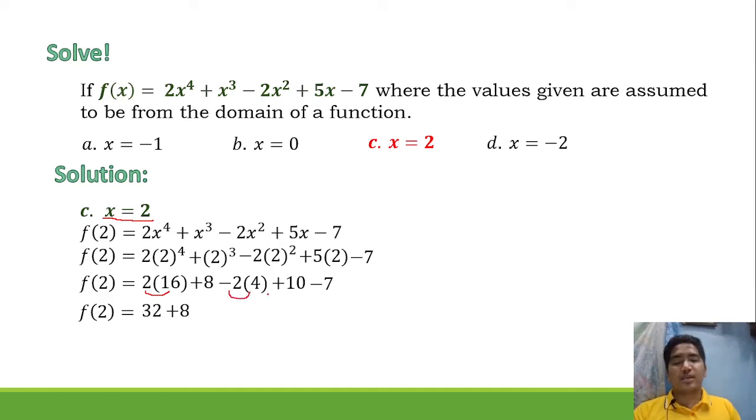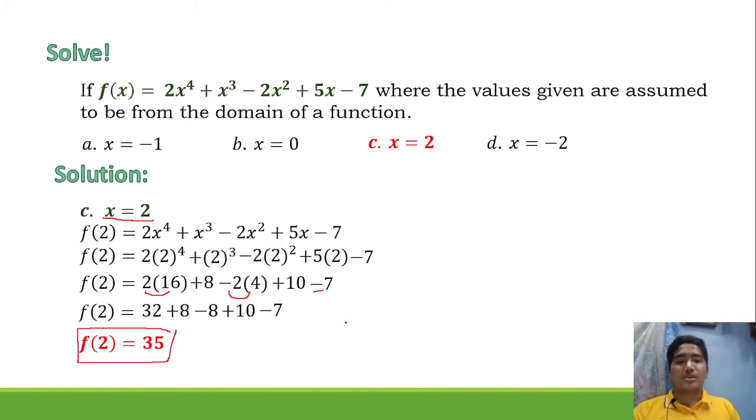Negative 2 times 4, that is equal to negative 8 plus 10 minus 7. Next, f of 2 is equal to 32 plus 8, that is 40, minus 8, that is 32, plus 10, that is 42, and minus 7, that is equal to 35. So our final answer will be 35.